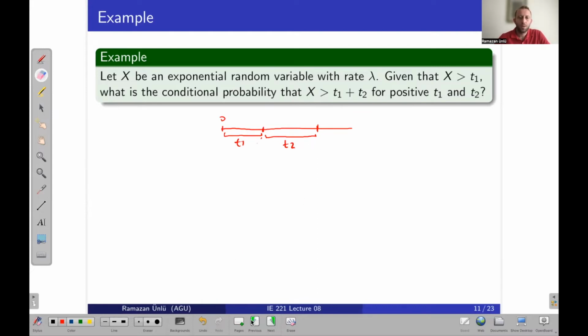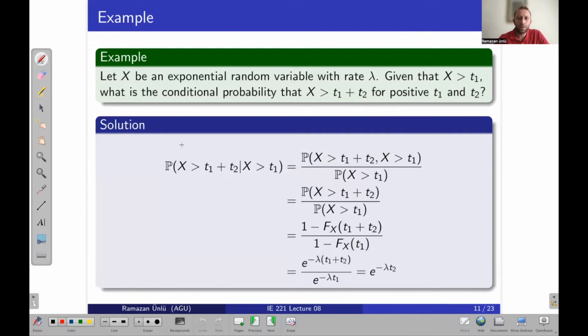And I'm asking, what is the conditional probability? In other words, what is the probability that X will be greater than t1 plus t2, given that X is greater than t1? That is the conditional probability.